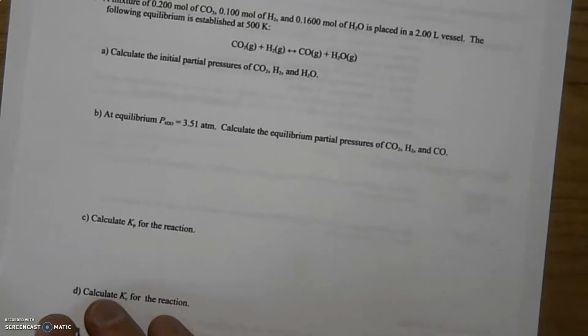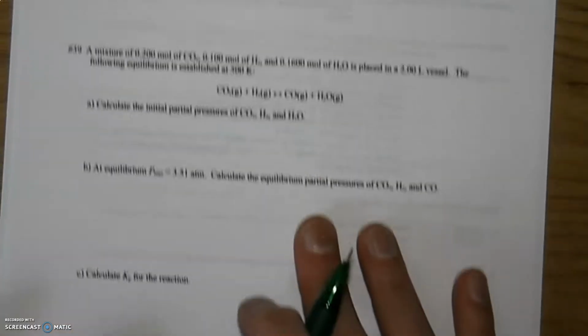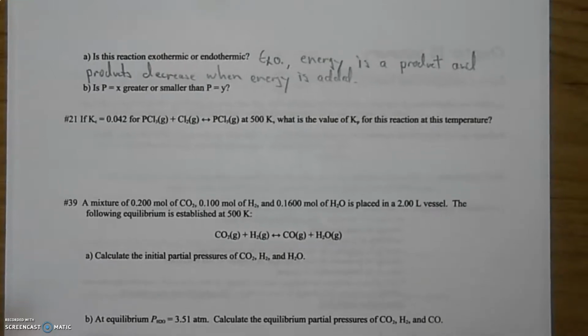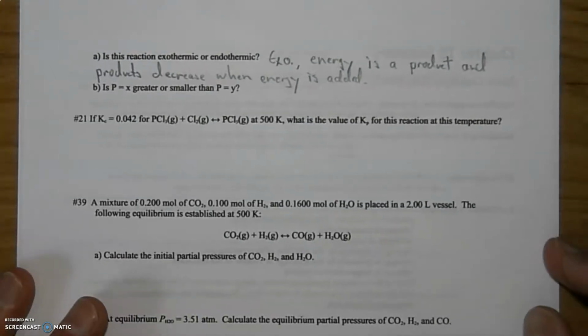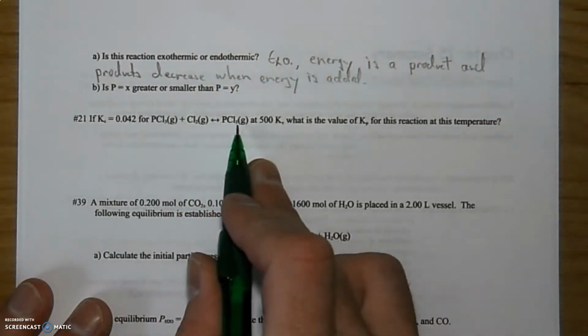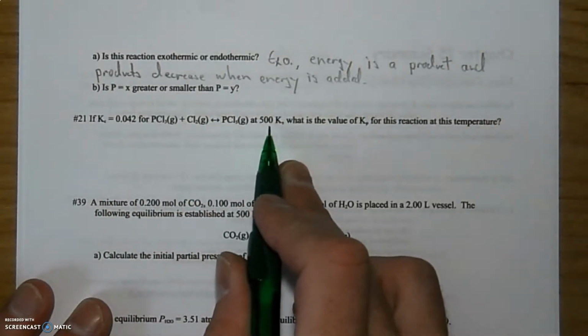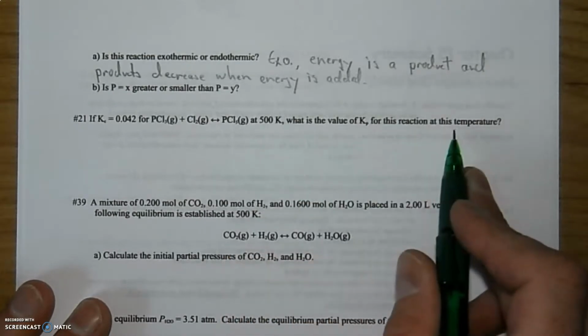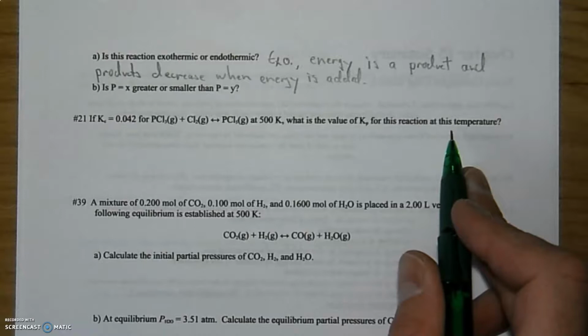Let's go ahead and do 21 as well. Looking at 21, find that on my sheet here. 21. If Kc is this value for this equation here at 500 Kelvin, what is the value of Kp for this reaction at this temperature? So we sort of set this one up.